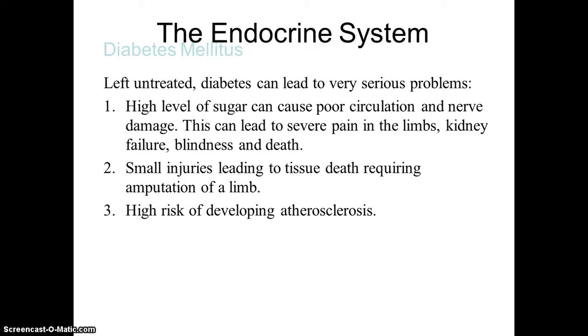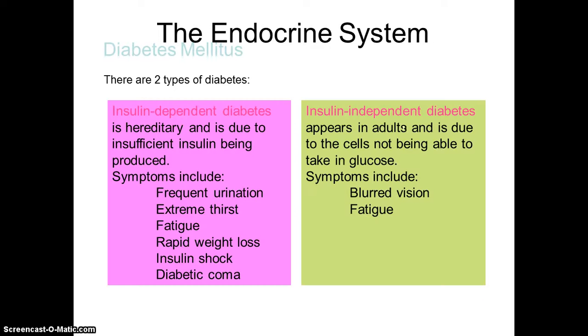If left unchecked, diabetes can cause very serious problems. The high level of sugar causes poor circulation and nerve damage. It can also result in a small injury leading to tissue death and a high risk of developing atherosclerosis.